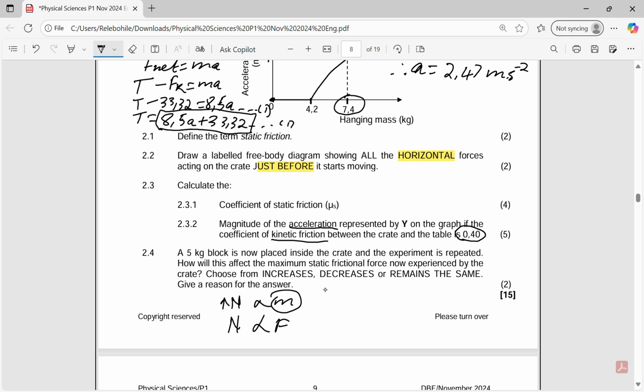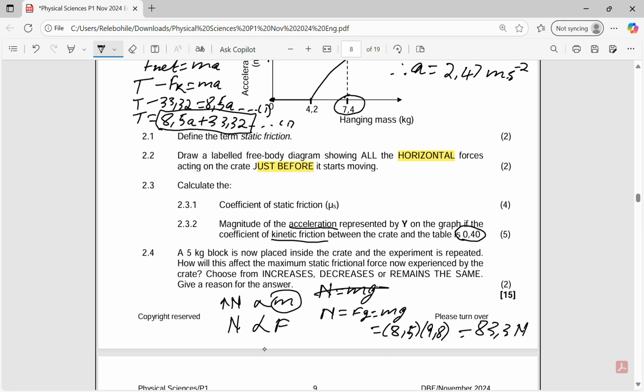So when I'm looking for the normal force of the crate, I obviously say normal force is equal to FG, which is equal to mg. When my mass of the crate is initially 8,5, then I multiply by 9,8.